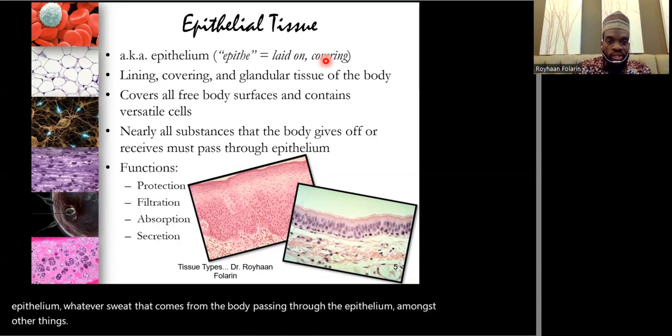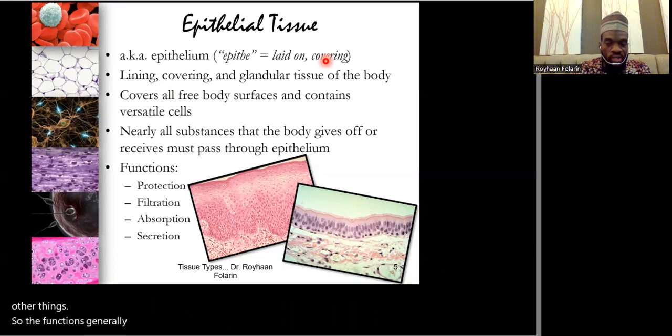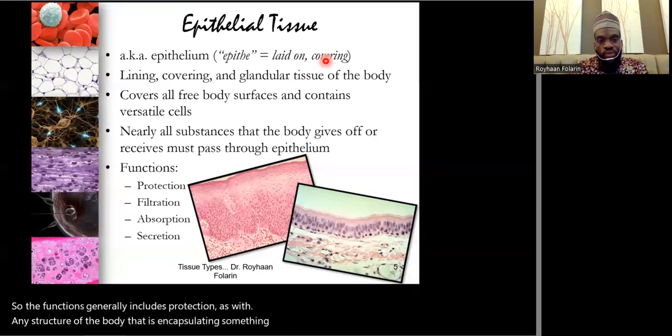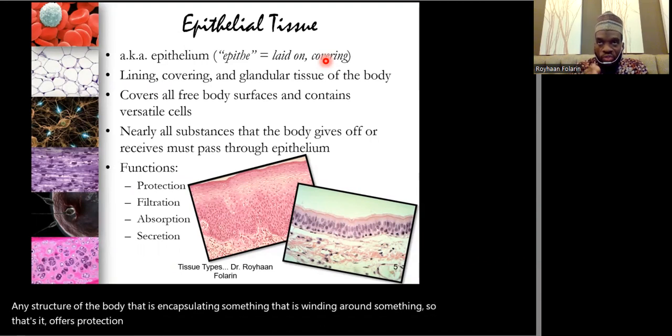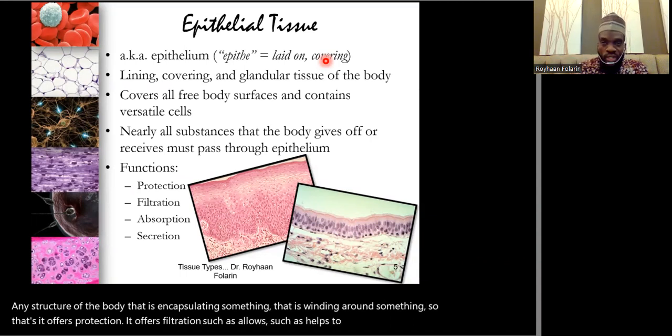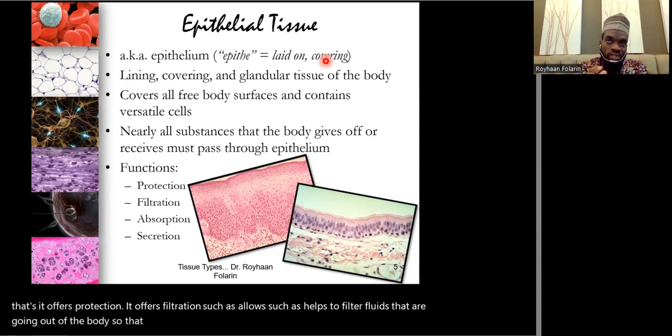So the functions generally include protection, as with any structure of the body that is encapsulating something, that is winding around something. So it offers protection, it offers filtration, such as helps to filter fluids that are going out of the body so that the necessary nutrients are retained in the body before the wastes are exuded outside.